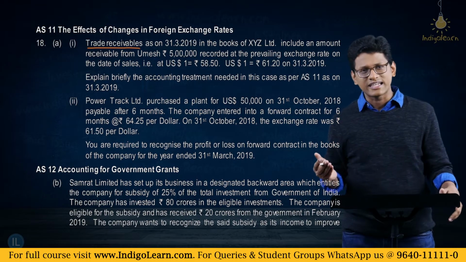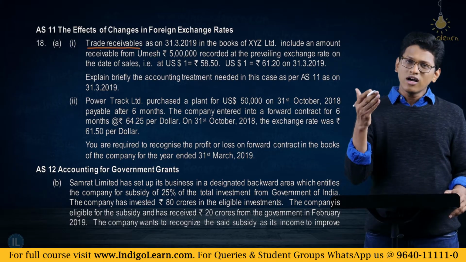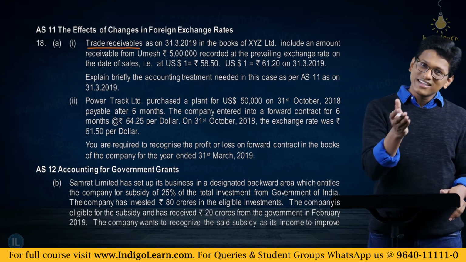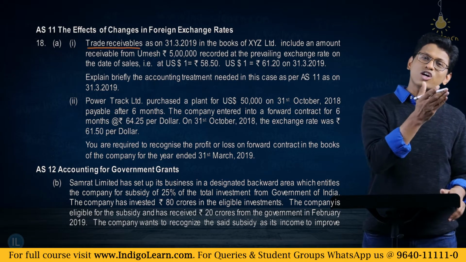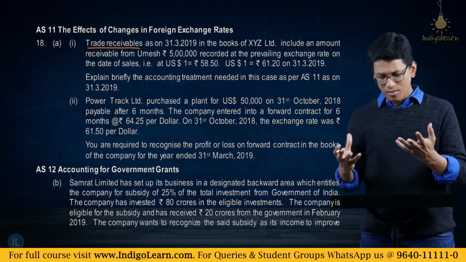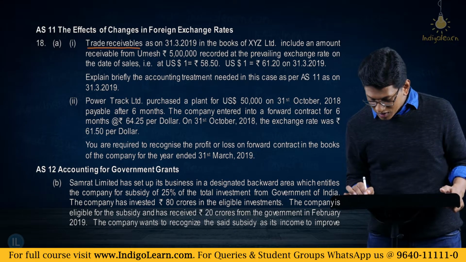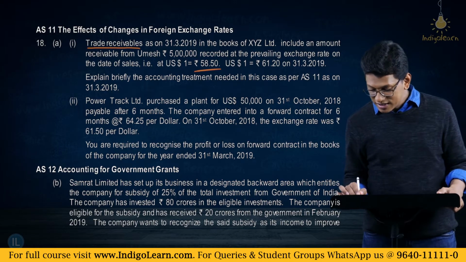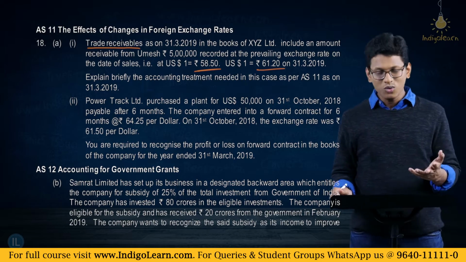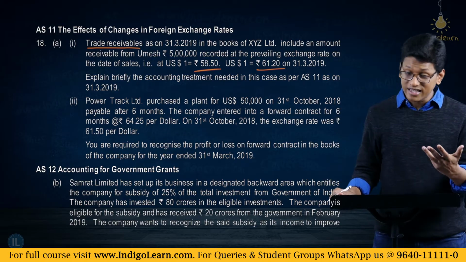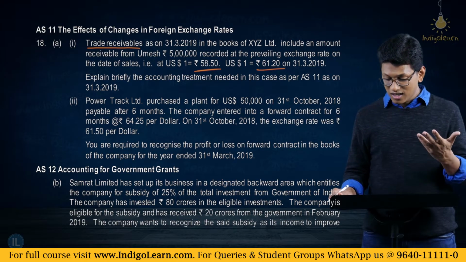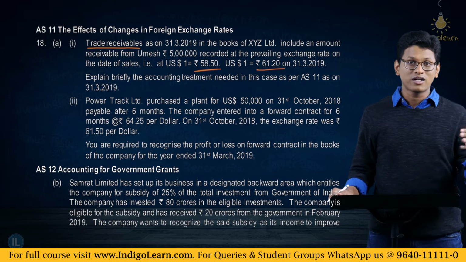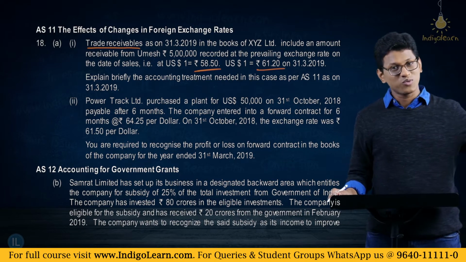If it is a monetary item, then the monetary item should be restated to the closing rate. Meaning, when we sold, it was 58.5. Now it is 61.2. At the time of selling we thought we would get 5 lakhs at the rate of 58.5, but now we are getting a higher value at 61.2.